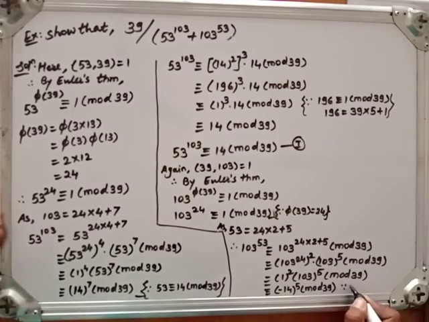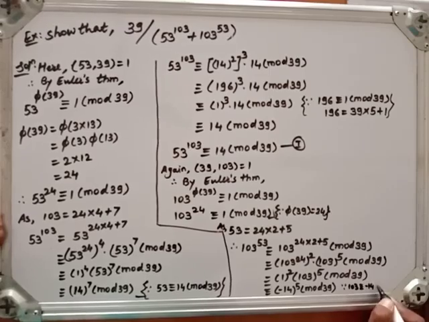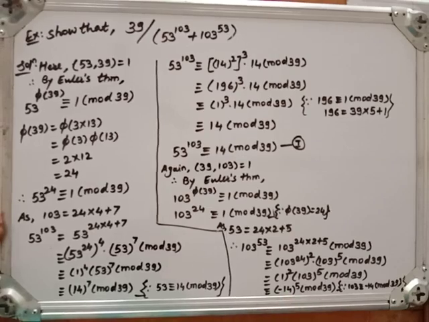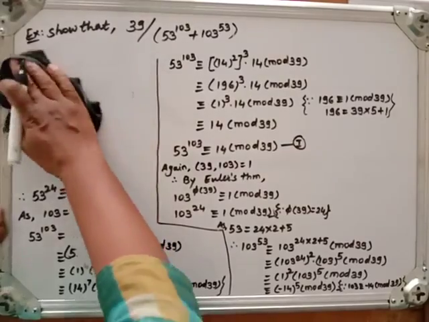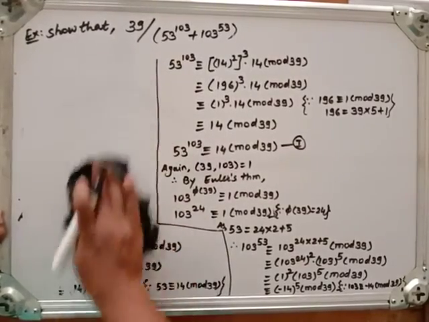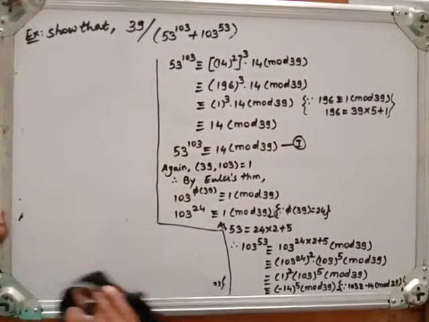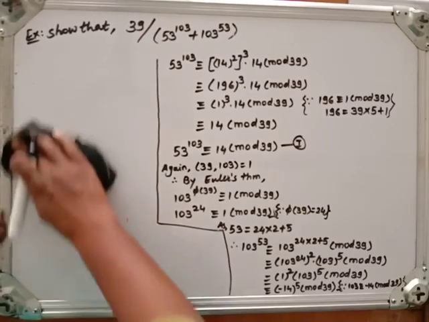Since 103 is congruent to minus 14 modulo 39. This is the reason behind it. Okay, fine. Now let us simplify this one.